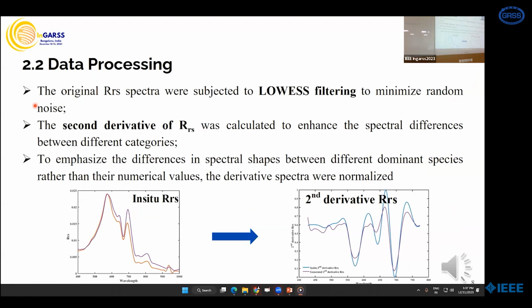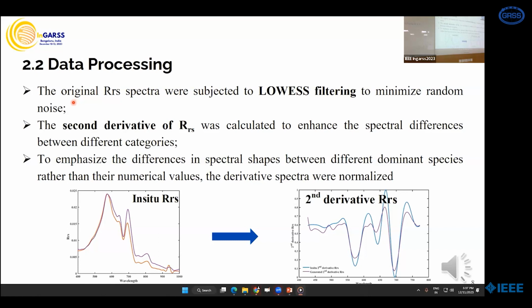It includes 3 steps. Firstly, the original remote sensing reflectance spectrum was subjected to Lawyer's filtering to minimize random noise. Second, the second derivative of remote sensing reflectance was calculated to enhance the spectral differences between different species.